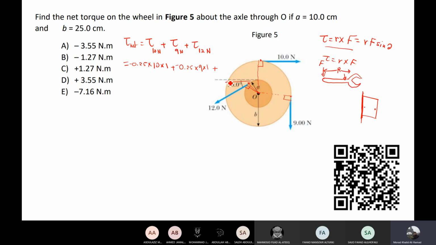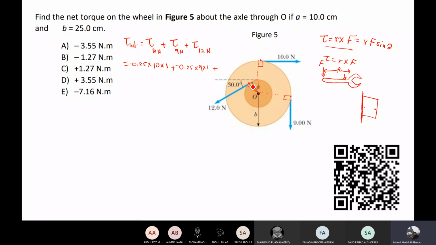Some students will say this is, for example, 12 cosine 30 and so on. No, what we'll do, the force is applied here, right?